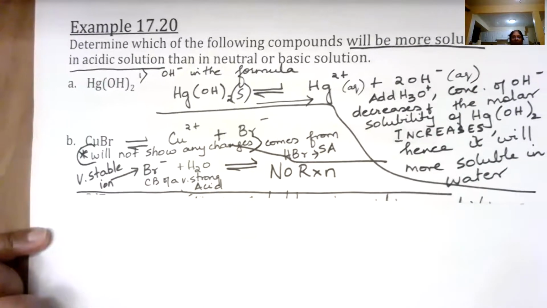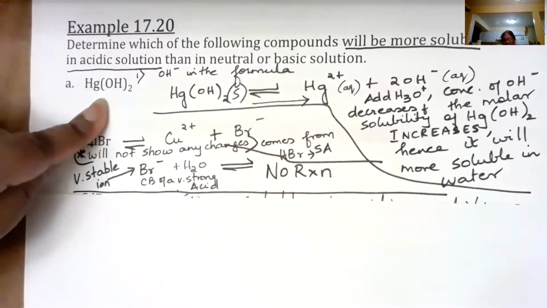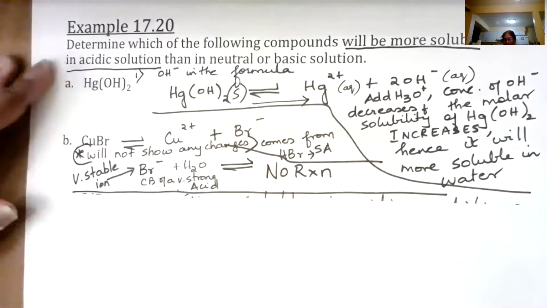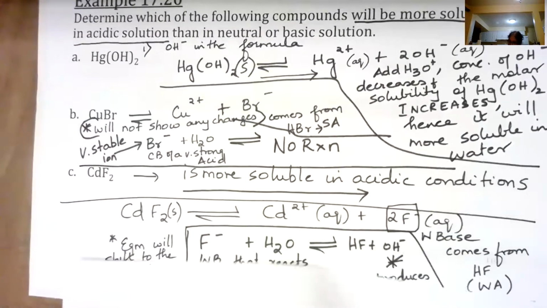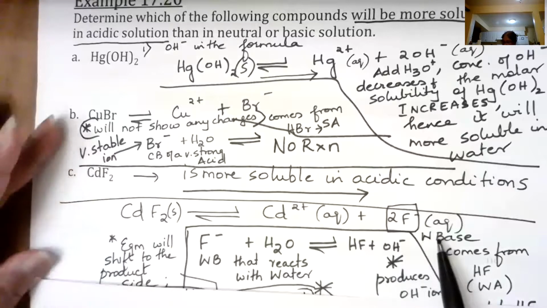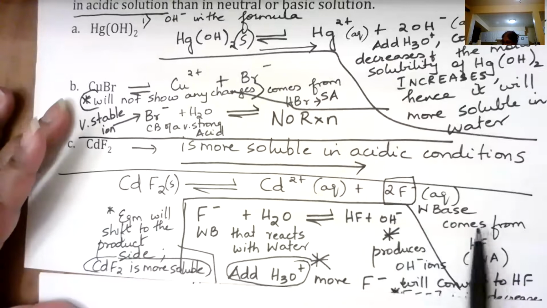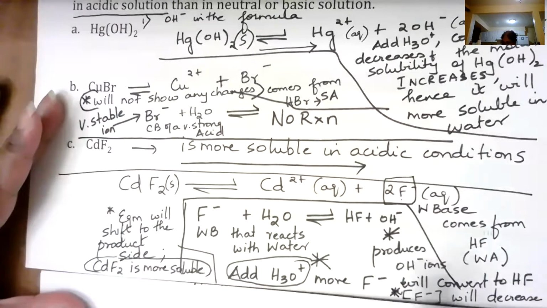Got that? Okay. So just two simple things. Is there an OH in the structure? If there is, then yes, H3O plus will affect it. Now, do you have an anion that is a weak base? How do you know it's an anion from a weak base? This anion will come from a weak acid. Okay, that's all. And then you explain it this way.